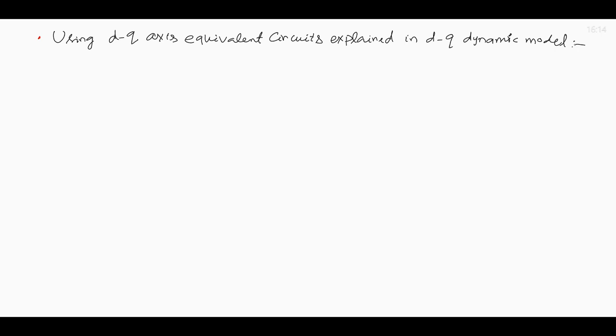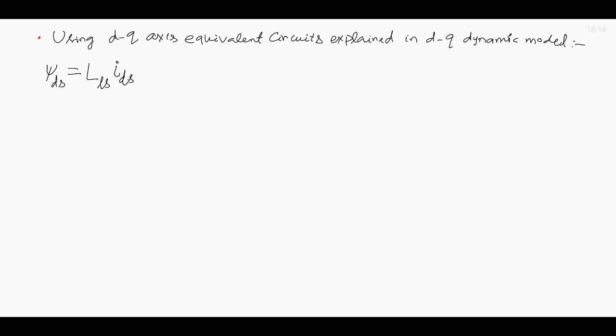The DQ dynamic model is derived from the DQ axis equivalent circuit. From the DQ axis equivalent circuit, we can see psi ds is the stator leakage inductance LLS into IDS.